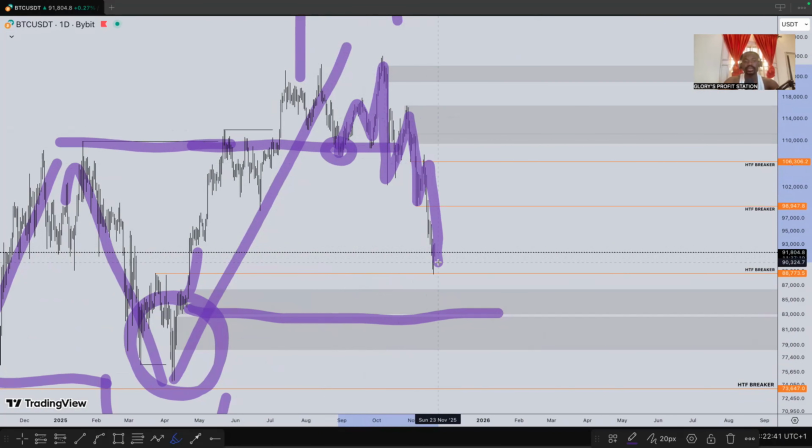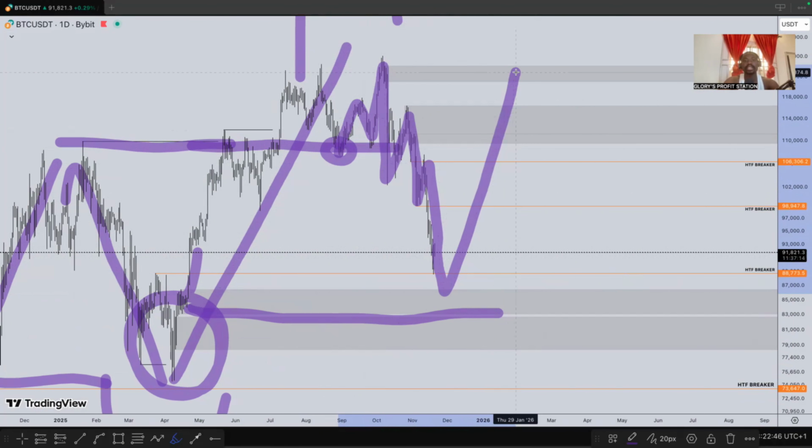Now, where is it heading to? Somewhere such as this. Maybe we start to see a pushback to the upside, or it could be that the market, after all of this, continues to the downside and goes even lower, right? The analysis is getting so messy right now, but I want to believe that you guys are understanding the analysis, okay?